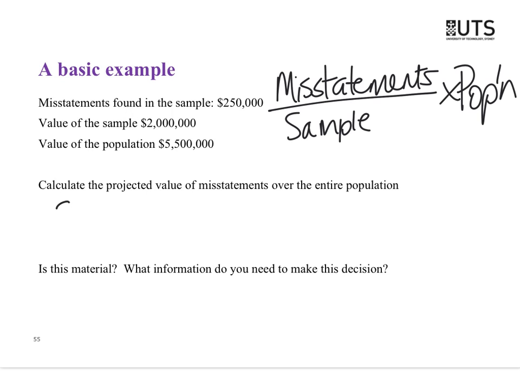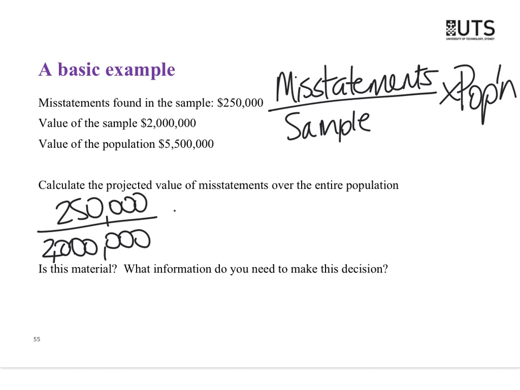Okay? So 250,000 divided by 2 million, and then multiply that by 5.5 million.